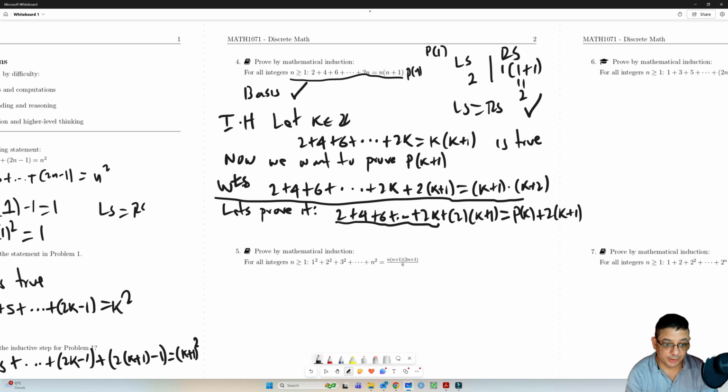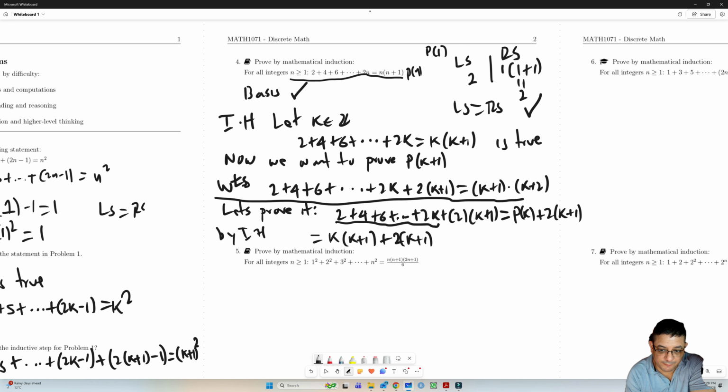By the hypothesis of induction, P of k is k times (k plus 1), so this equals k(k plus 1) plus 2(k plus 1).